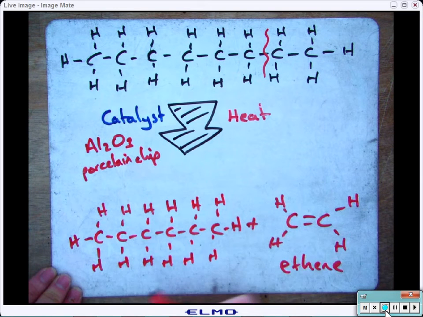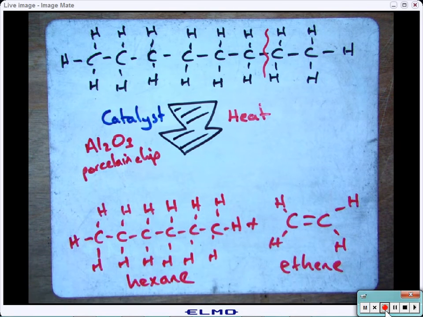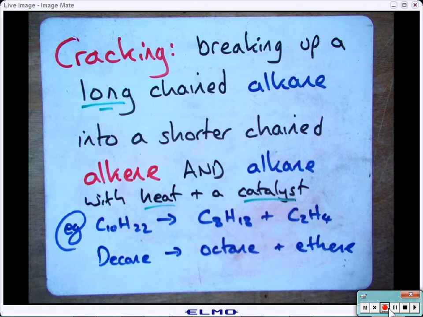So that's C6H14, which is hexane. So again, that definition is the breaking down of a long chained hydrocarbon into a shorter chained alkane and alkene using a catalyst and heat. And a catalyst is something that's used to speed up the rate of reaction. That's all you need to know for this exam.